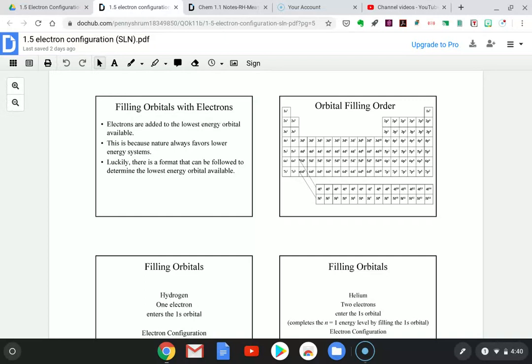We definitely will talk more about why that is. But after the 6s is filled, so after the 6s1, 6s2, then electrons start filling the 4f orbitals. And so 4f is at a higher energy than 6s is. Okay.